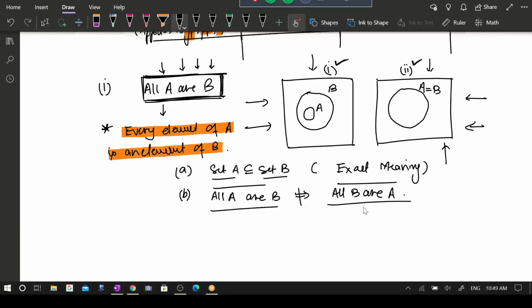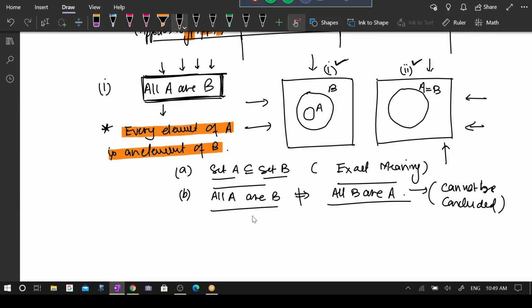All B are A cannot be concluded from all A are B. So I would write it: cannot be concluded. Keep this in mind. Most of the questions can easily be done by these rules only. So all A are B does not imply all B are A. Keep this in mind.